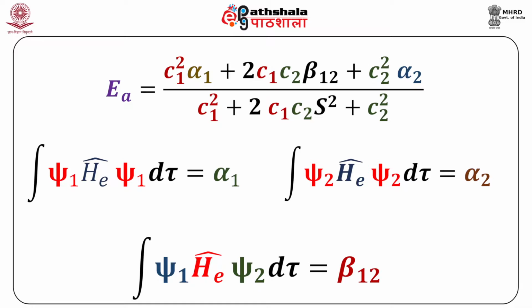Please remember that He cap, the electronic Hamiltonian, has three terms which we have already defined, and S is the corresponding overlap integral. So this is the expression which we now get for the approximate energy using the valence bond wave function.